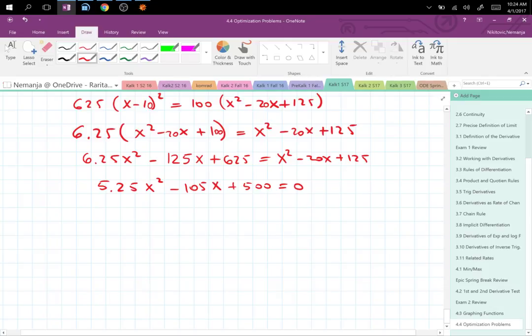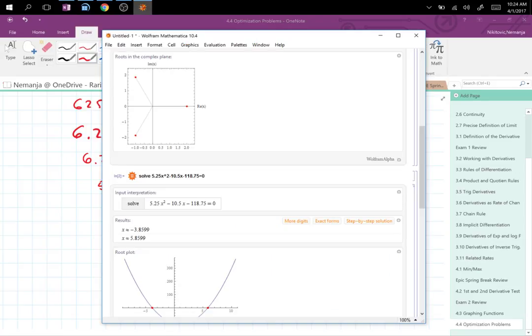We can divide by 5 because all the numbers line up nicely for that. That's going to be 1.05x squared minus 21x plus 100 equal to 0, and that's our new equation that we are going to plug into Mathematica and hopefully get a better, well, not definitely get a better solution.